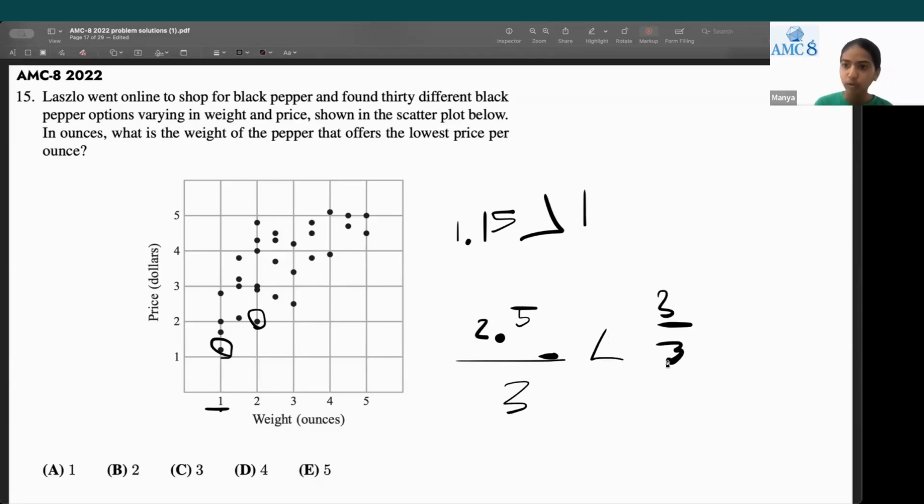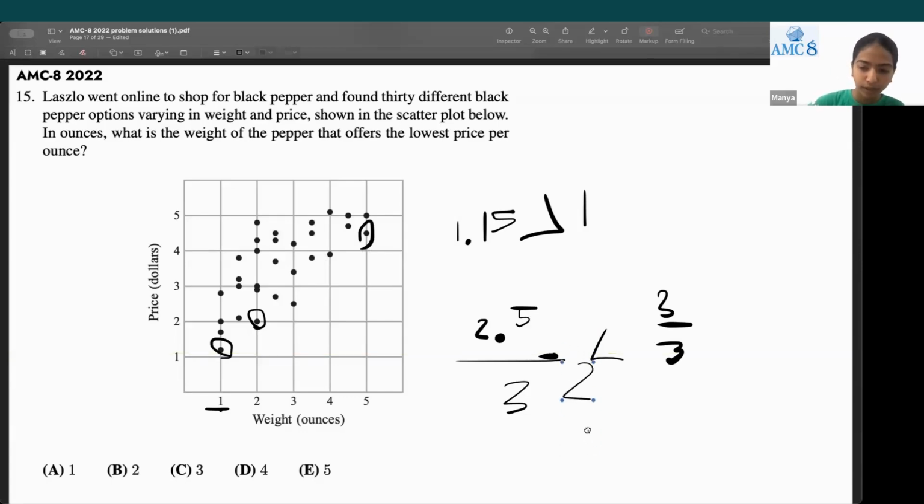Since 1 is just equal to 1 over 1, 2 over 2, 3 over 3. So 4 here, it's going to be like maybe 3.9. So 3.9 over 4 is greater than 2.5 over 3. How about here? This looks to be about 4.5.